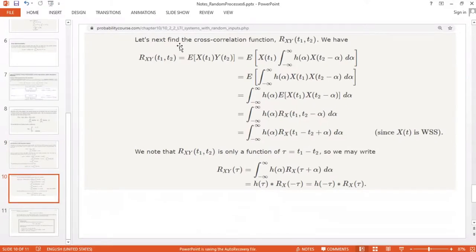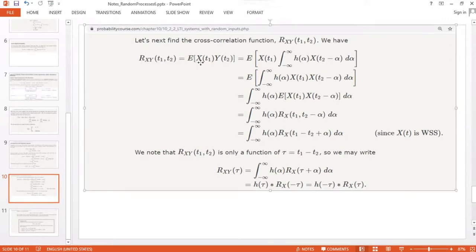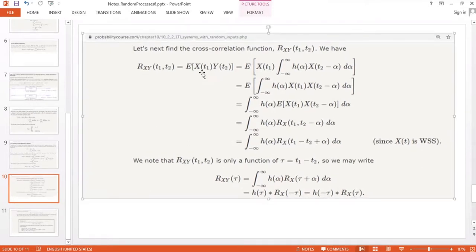Then we find the cross correlation function R xy(t1, t2). To calculate this, we use the definition of cross correlation. R xy(t1, t2) is the expectation of x(t1) y(t2). Then you substitute the value of y, which is the integral from minus infinity to plus infinity of h(alpha) x(t2 minus alpha) d alpha.